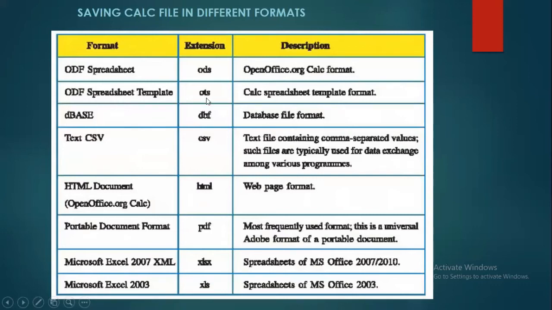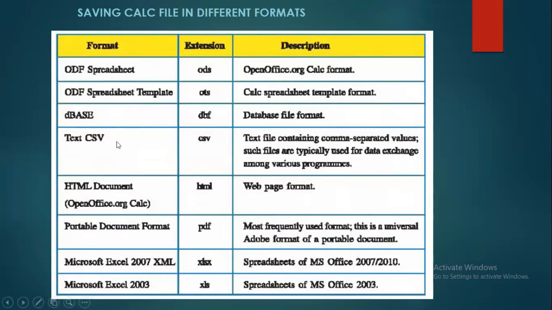Then OTS is there. OTS means a template format. So this file we can use as a template, that is a type of design to create new files in the future. Then DBF, that is DBase file, a database file format.